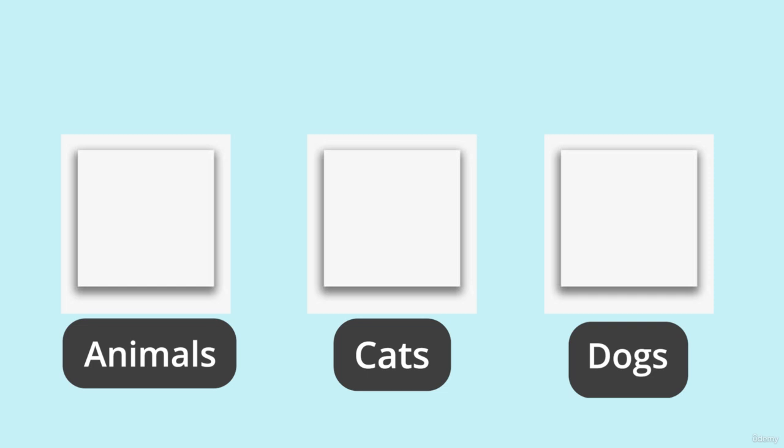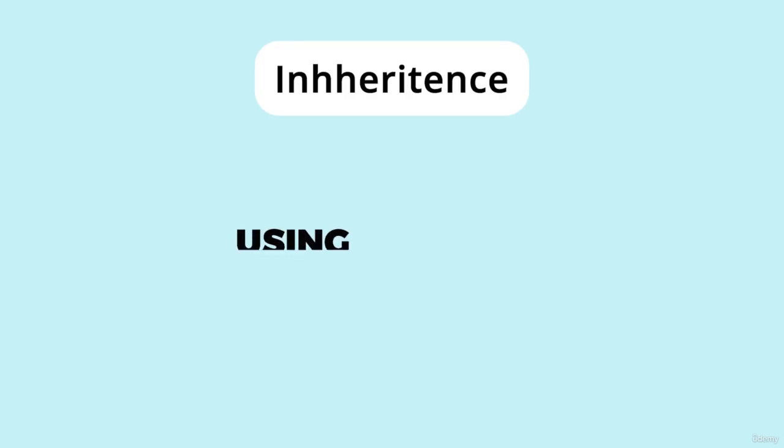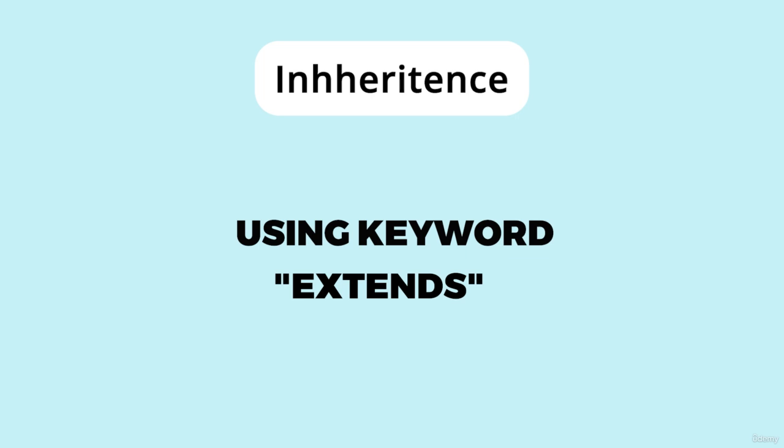Now, we want to access the elements of cats from the animals class. And to do that, we use the inheritance concept with the keyword extends.